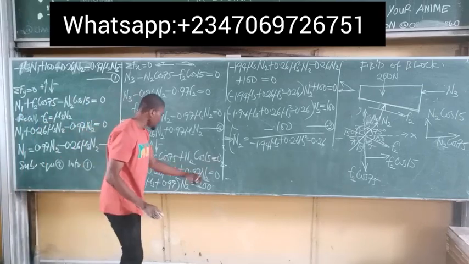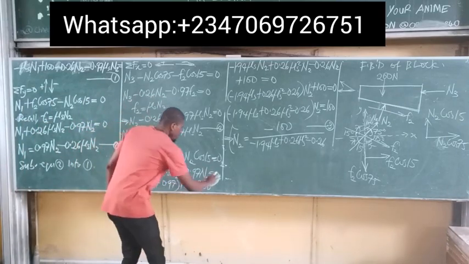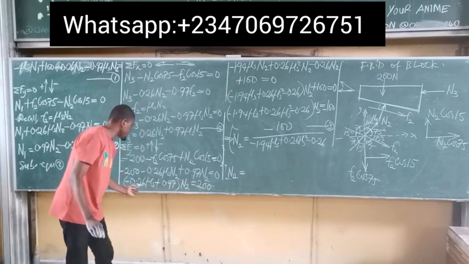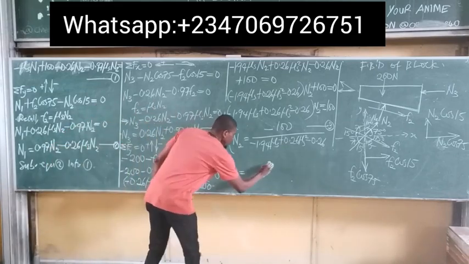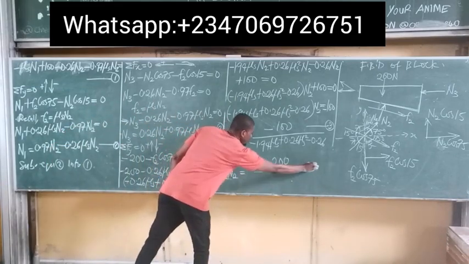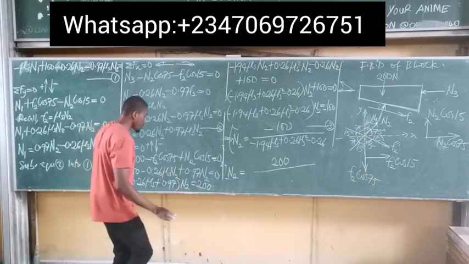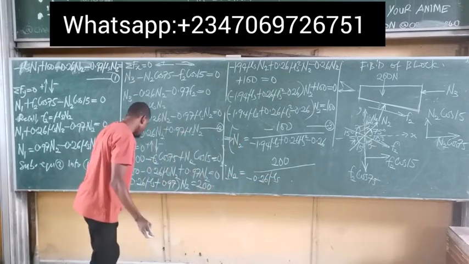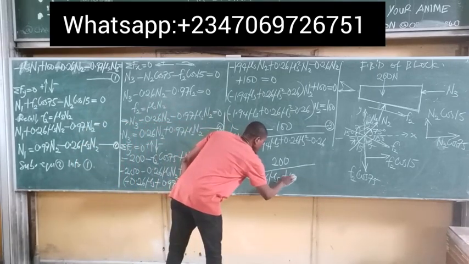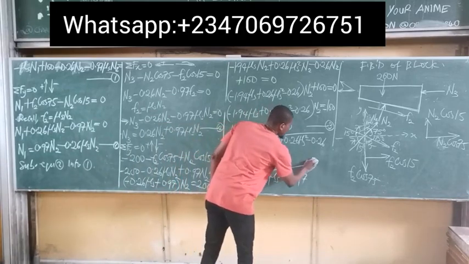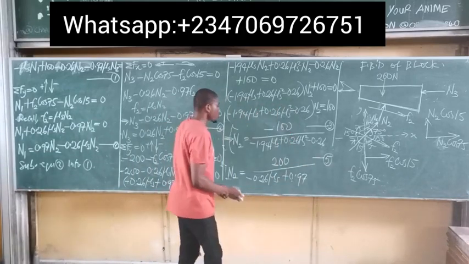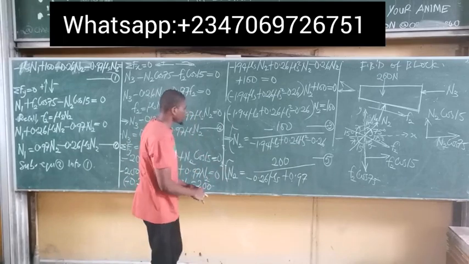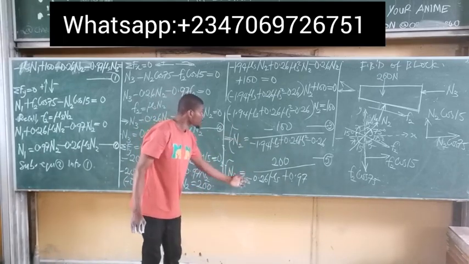You simply have that N2 is equal to 200 all over the whole of this value: minus 0.26 mu x plus 0.97. Call this equation 5. Notice now that equation 5 and equation 3 are the same, both giving values for N2, so we can equate 5 and 3.